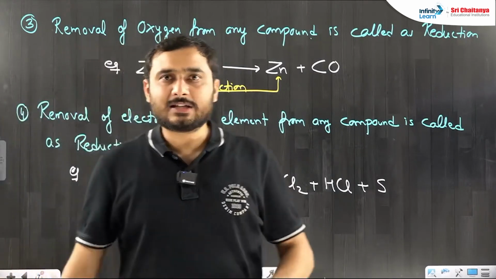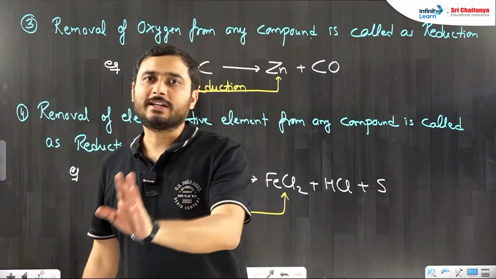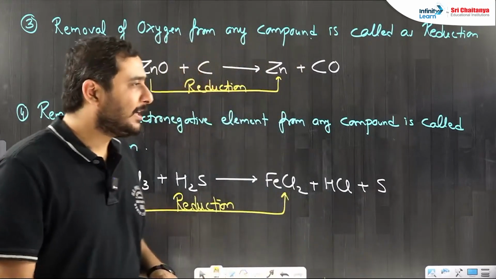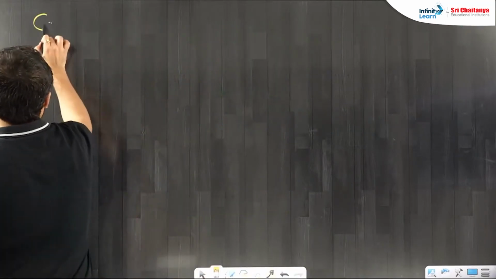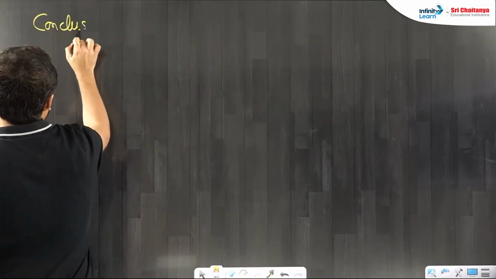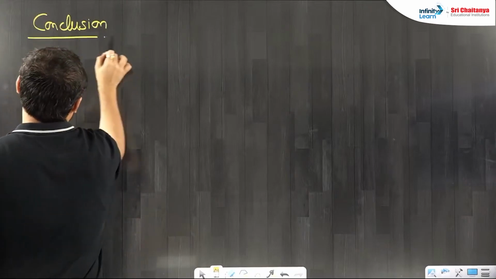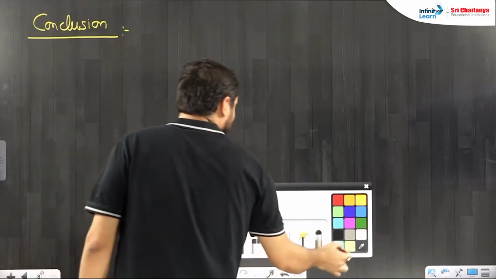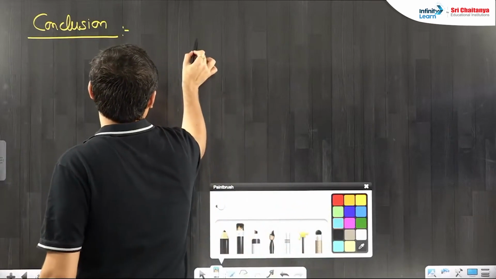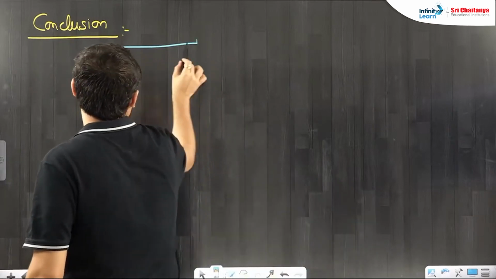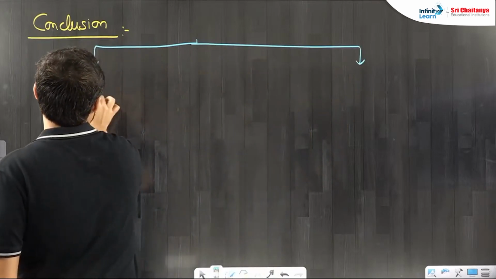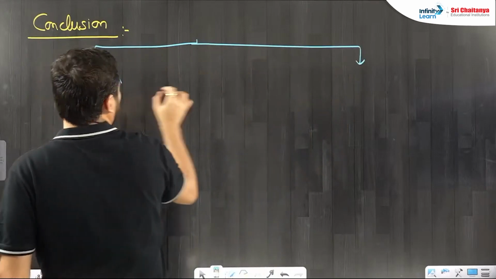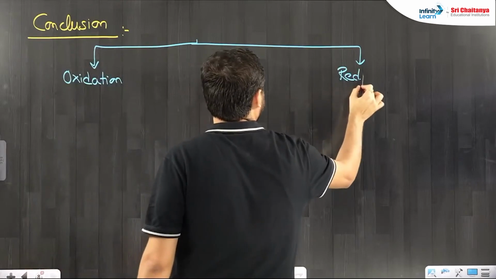So 4 cases for oxidation and 4 cases for reduction. And if I write conclusion for these all, for oxidation and reduction, it is very easy to write conclusion. So we'll classify this into 2 parts. One we write for oxidation and one we write for reduction.